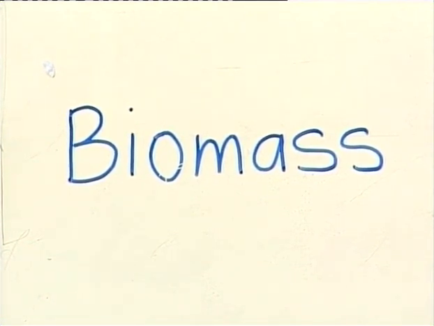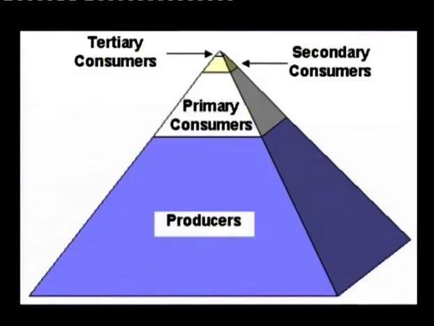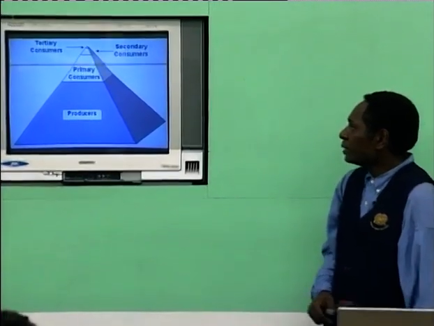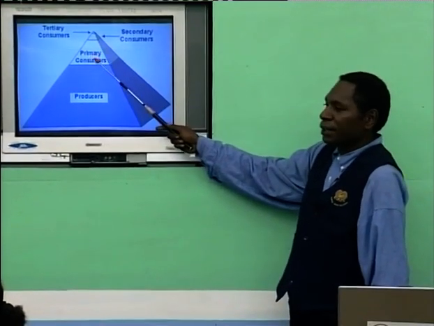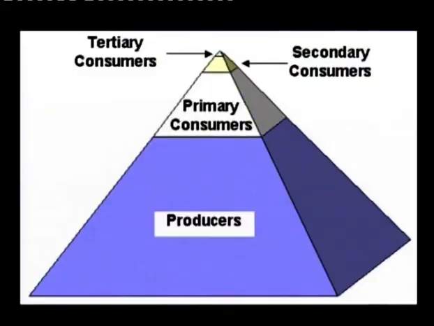That is biomass. Now, the pyramid that we are going to be looking at in today's lesson will look somewhat like this, where you have producers there at the bottom. It sort of looks like the Egyptian pyramid, but at the bottom you have all the producers. And then the next level of the pyramid you have primary consumers, or those who will eat that producer first.